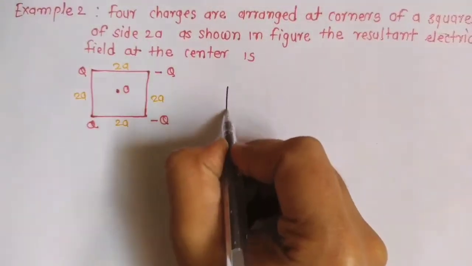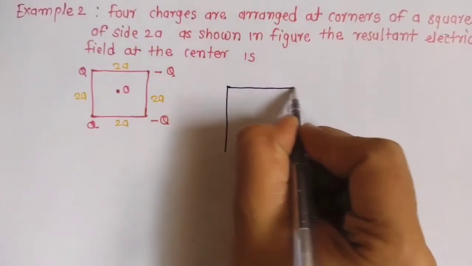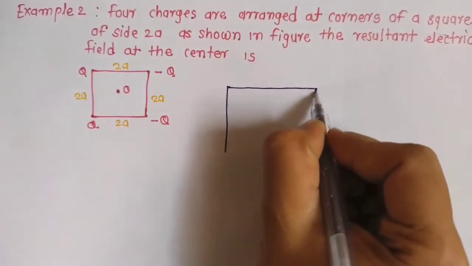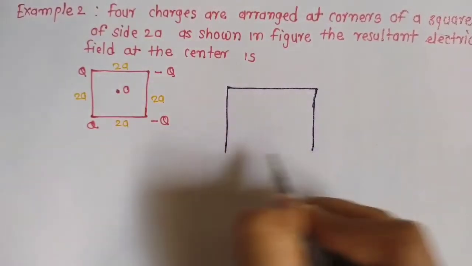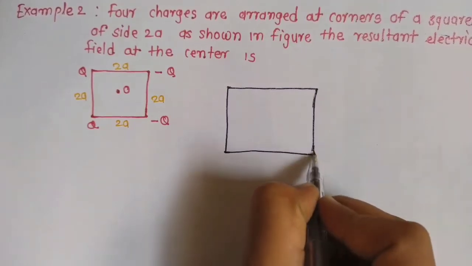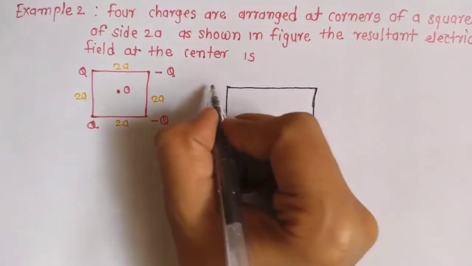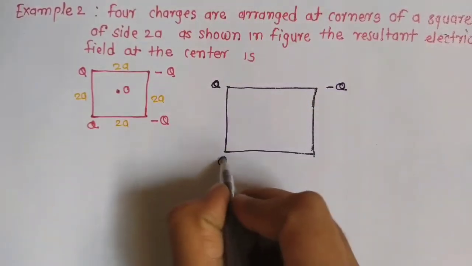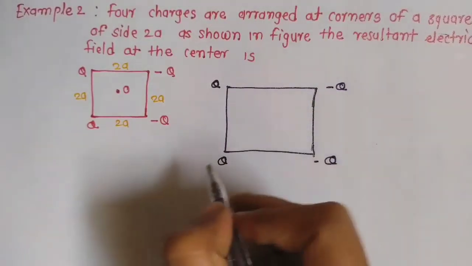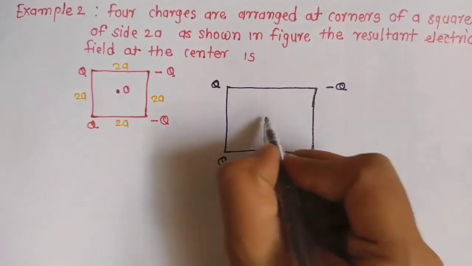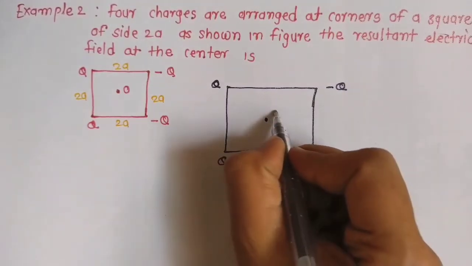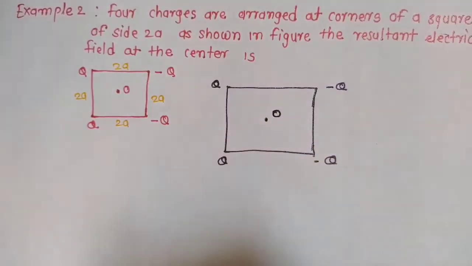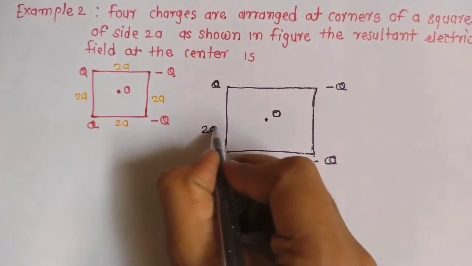Again we draw this diagram, the square, with charges Q, minus Q, plus Q, minus Q at the corners. We have to find the electric field at the center point O, and each side is twice a.